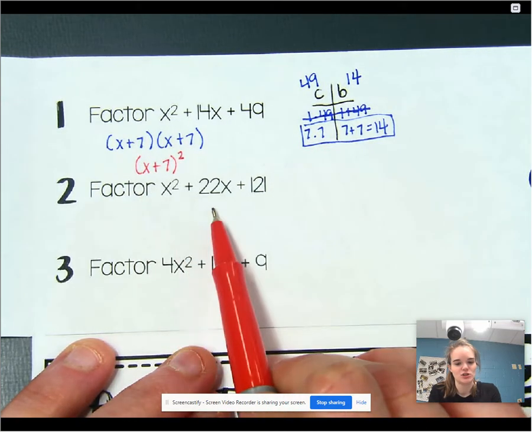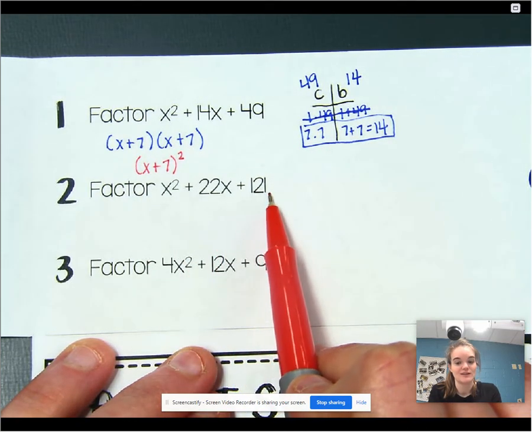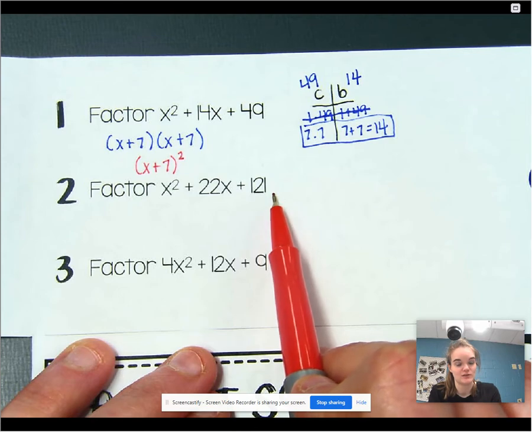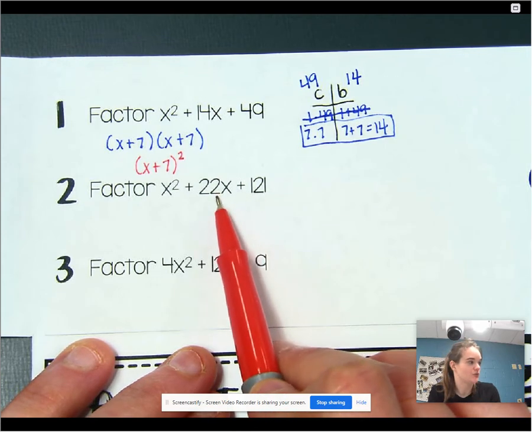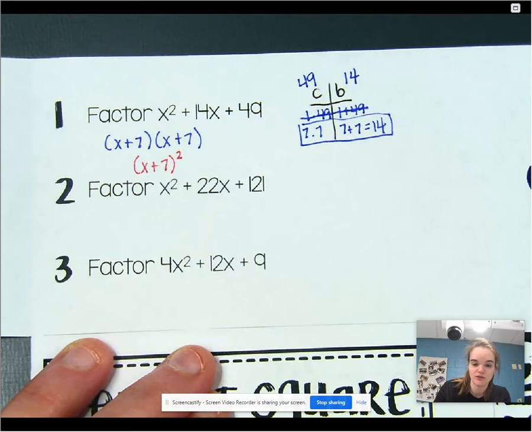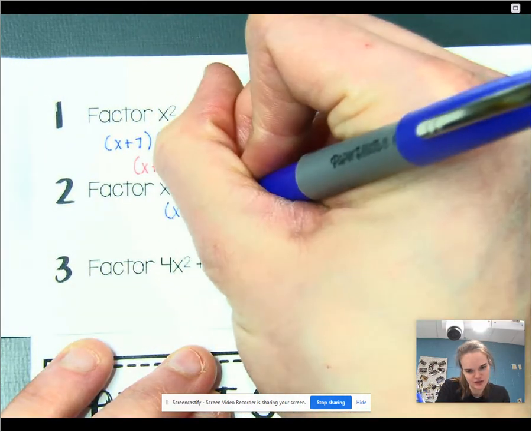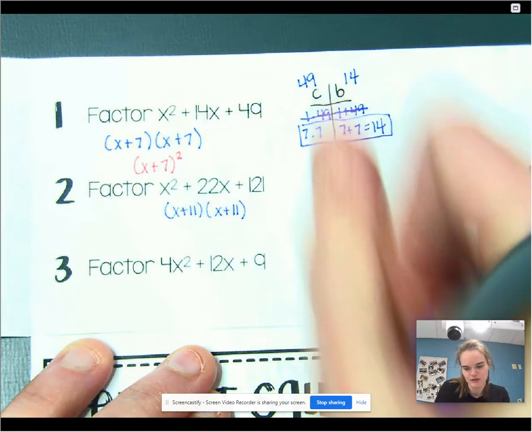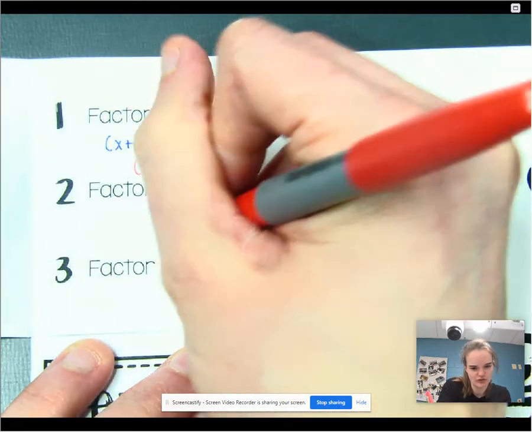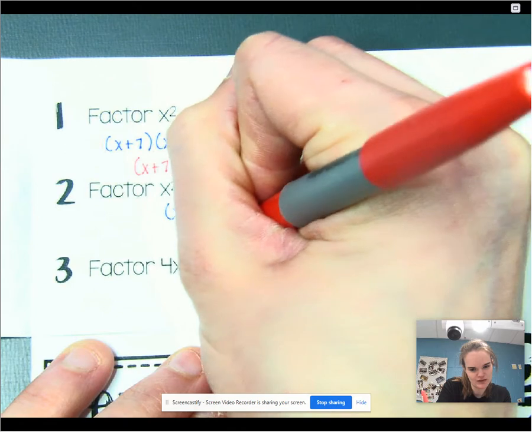For instance, in number 2, 121 is 11 times 11. Well, 11 plus 11 is 22. That means we would have x plus 11, which turns into x plus 11 squared.